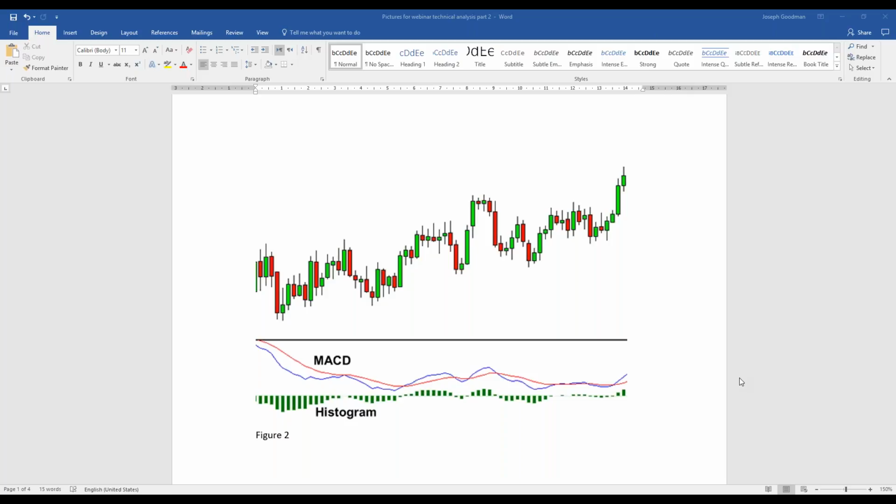So the most common default inputs for MACD are using EMAs, exponential moving averages of 12 and 26 period, along with a signal line of 9 period. So we can see here this blue line.